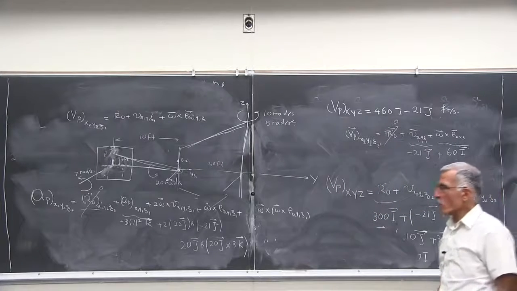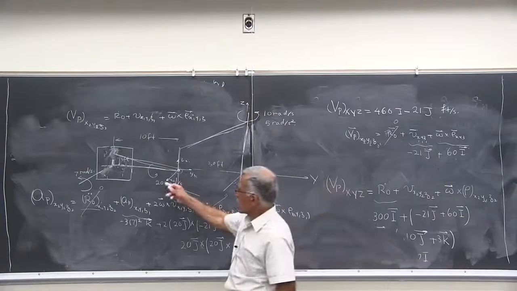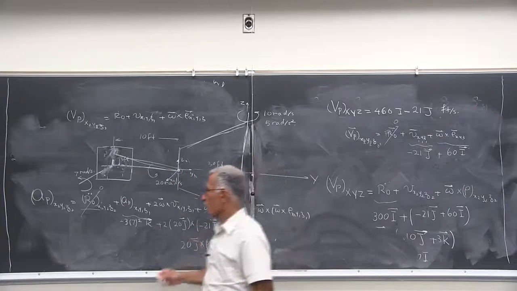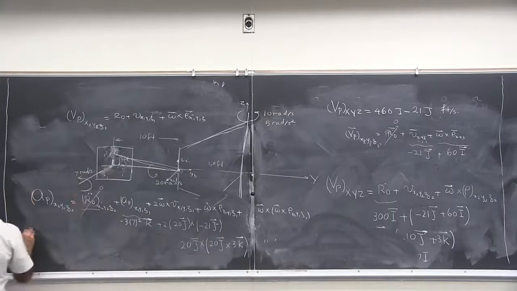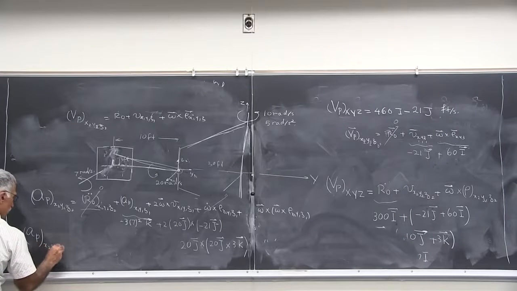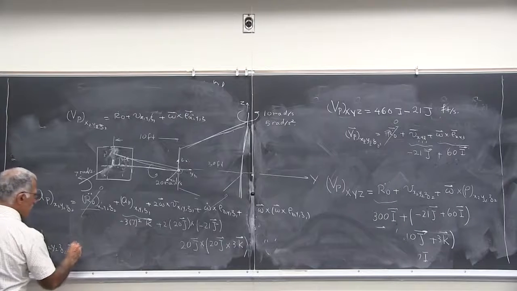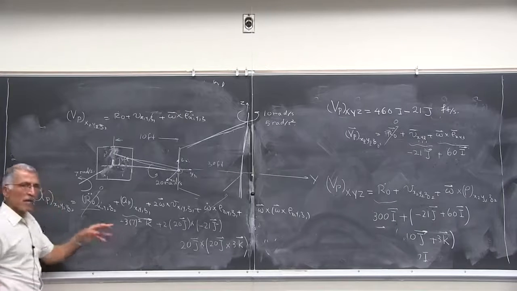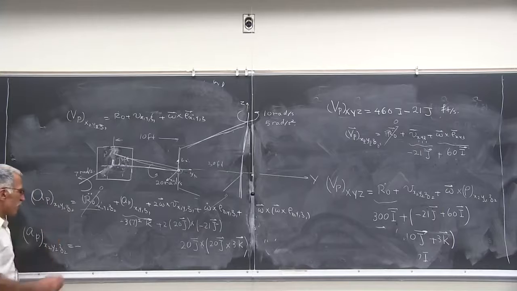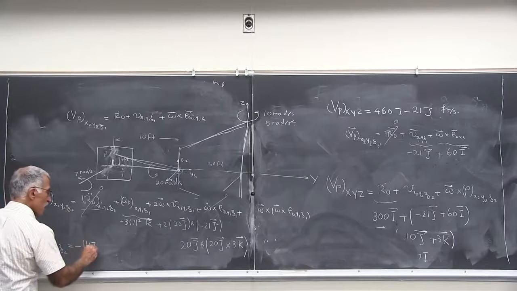So your acceleration of point P with respect to x2, y2, z2, you just simply write this one. Acceleration of P with respect to x2, y2, z2 is equal to minus 49 times 3, that becomes 147k.